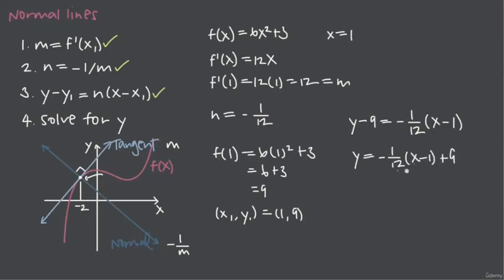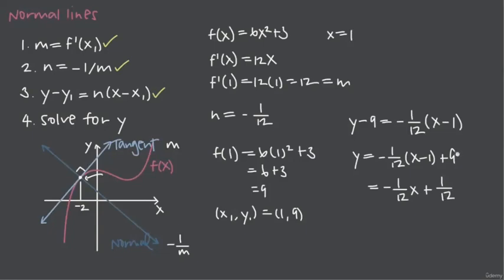And then it's nice just to simplify this right-hand side as much as we can. So we'll get negative 1 over 12 x. When we multiply negative 1/12 by negative 1, those negative signs will cancel, and we'll be left with positive 1 over 12. And then we have plus 9.